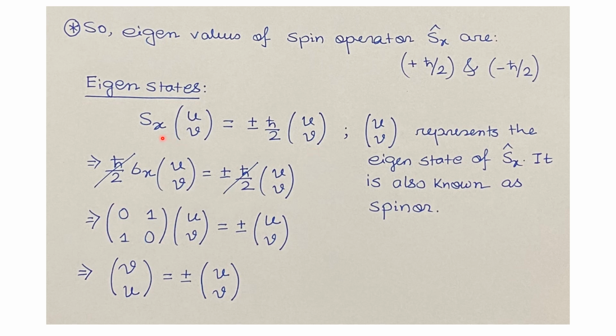Now Sx cap is ħ/2 times the Pauli matrix sigma x. So from both sides we can cut the ħ/2, and sigma x is 0, 1, 1, 0. Then we can multiply this 0, 1, 1, 0 matrix with the column matrix (u, v), and that equals plus minus the (u, v) matrix. So it will give the (v, u) matrix equals plus minus the (u, v) matrix.